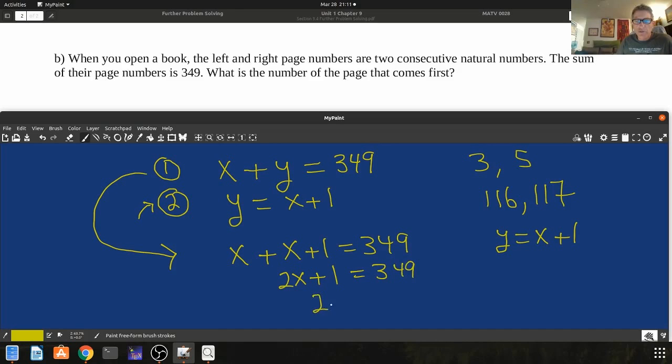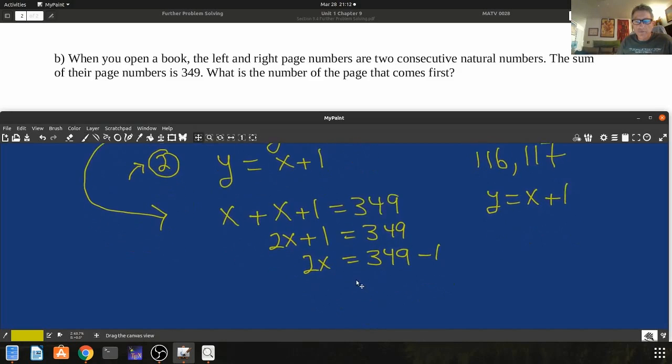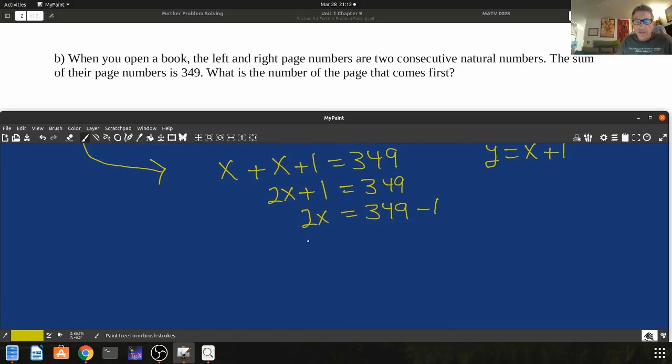So that gives me 2x is equal to 349 minus 1. So again, that's 2x is equal to 348.